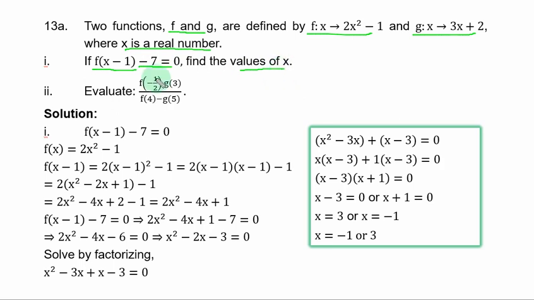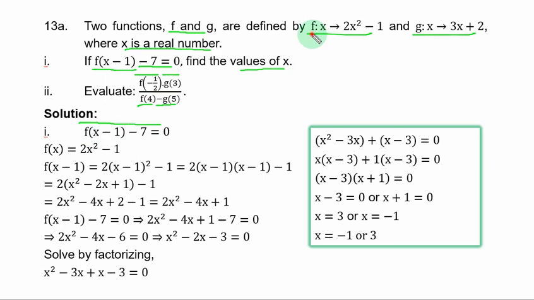Roman figure 2, evaluate f of minus 1 over 2 times f times g of 3 over f of 4 minus g of 5. So let's take Roman figure 1.